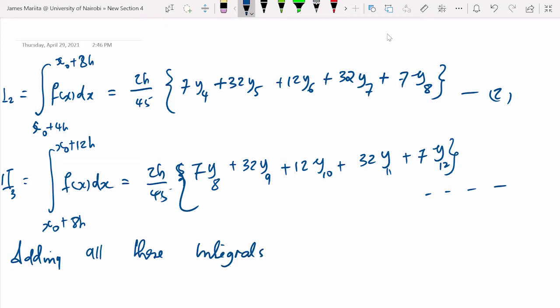If we add all those integrals from x naught to x naught plus nh, we will then get the following.